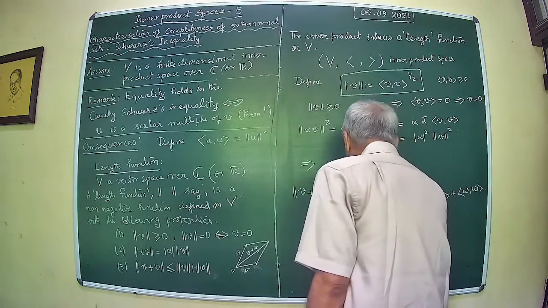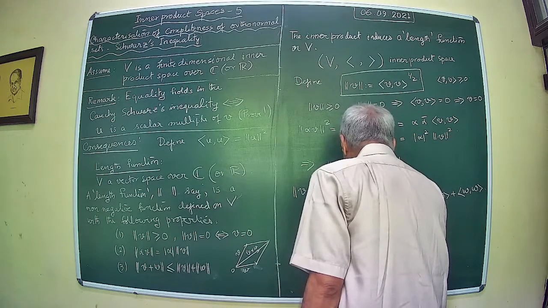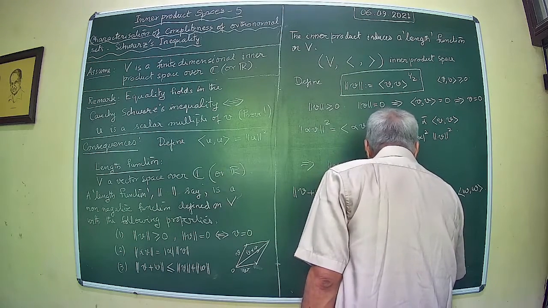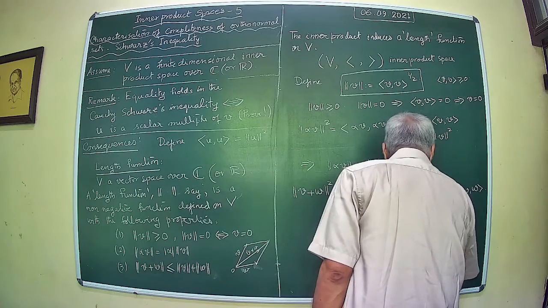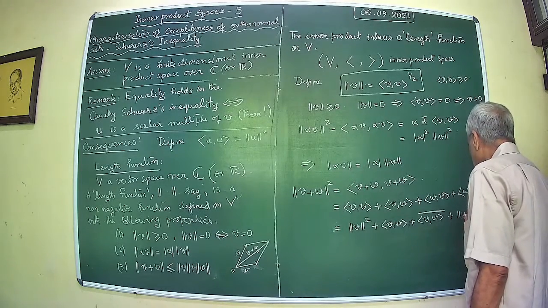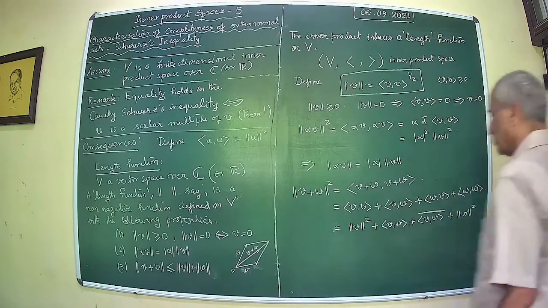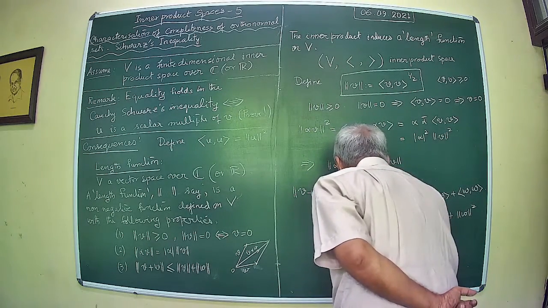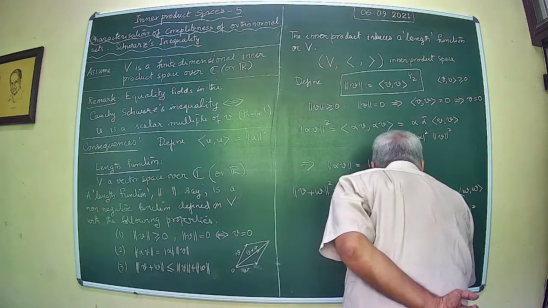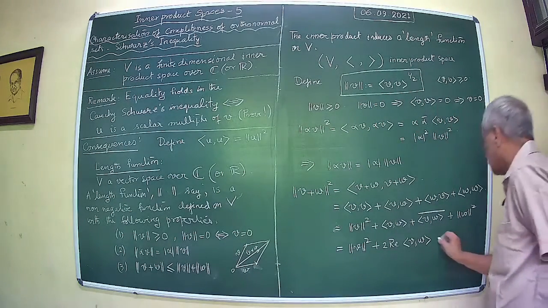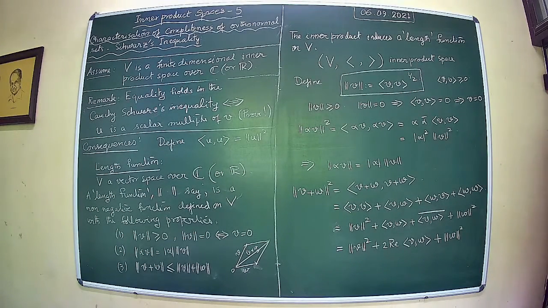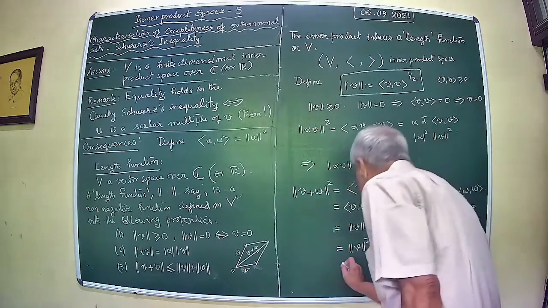This is equal to conjugate plus this is equal to, and this is obviously less than or equal to.